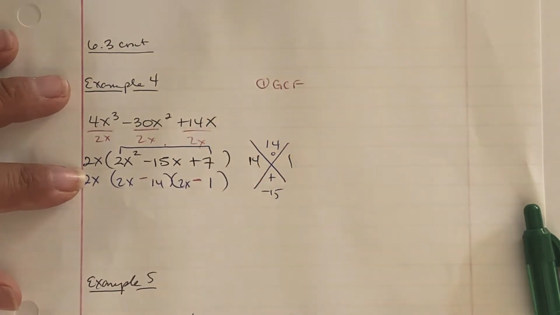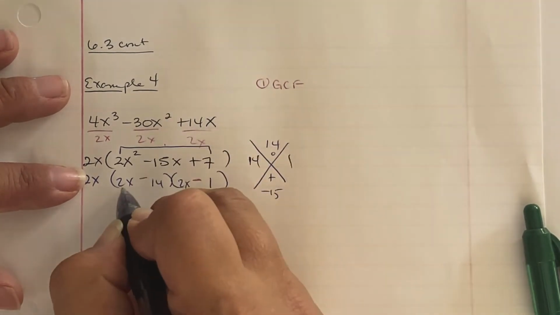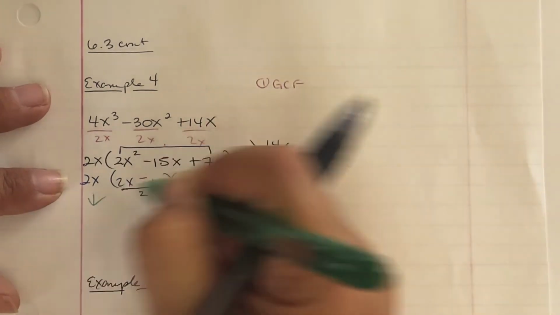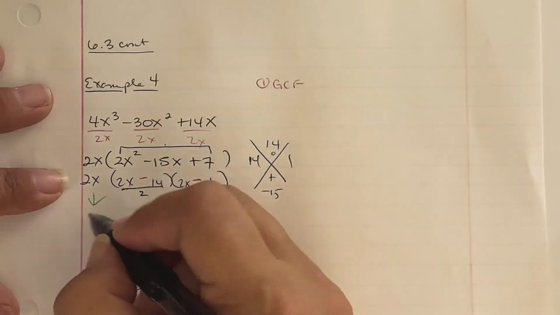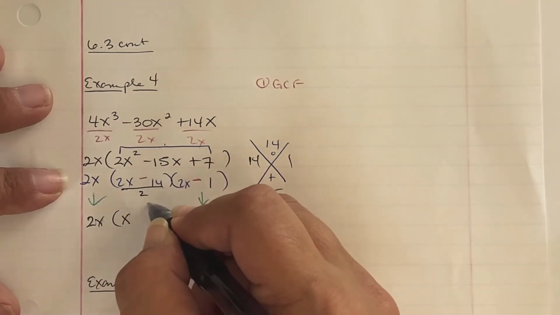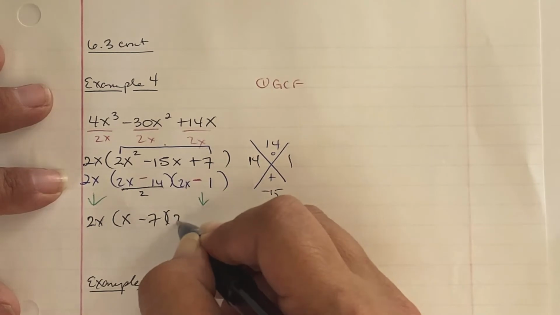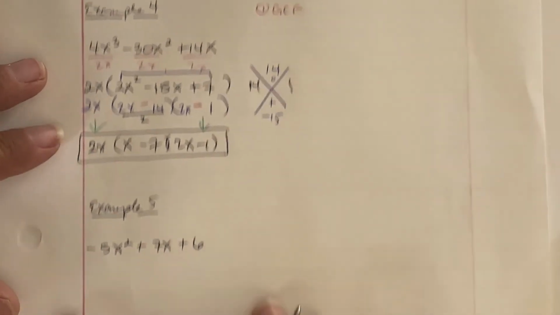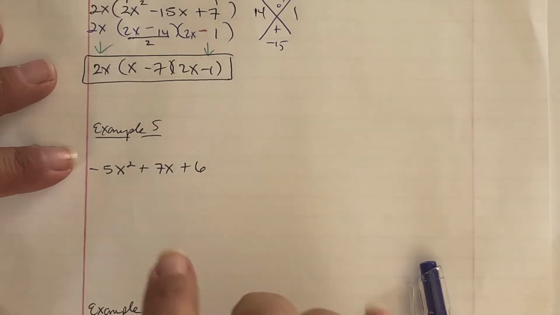The first binomial divides by 2, and everything else slides down. So we have 2x, 2x divided by 2 is x, 14 divided by 2 is 7, and then 2x minus 1 slides down.